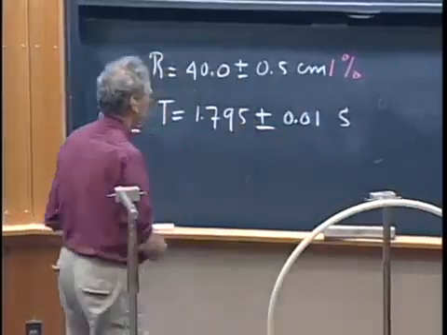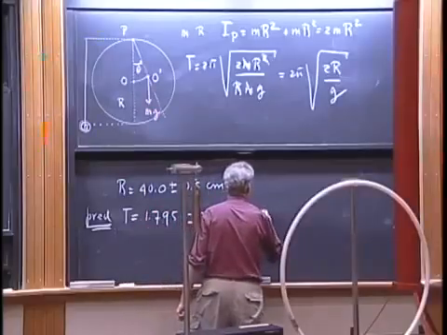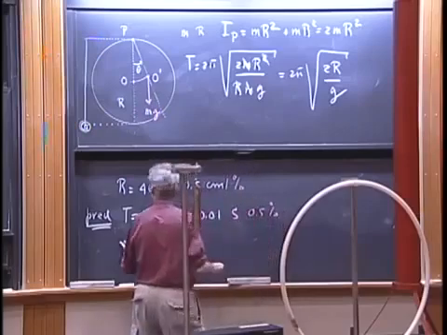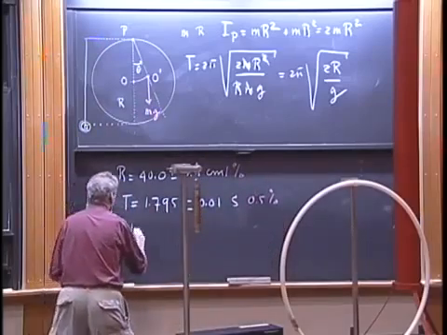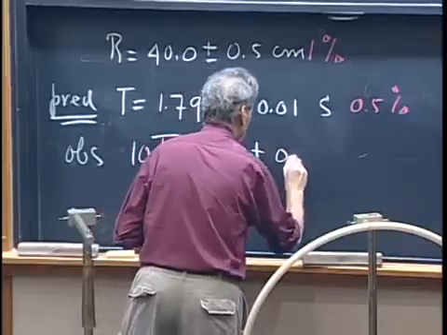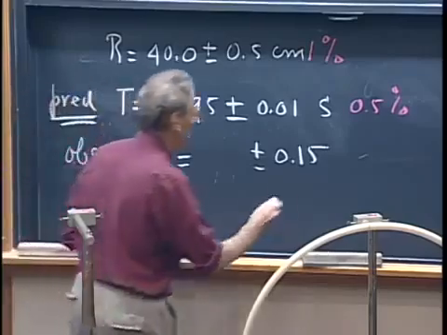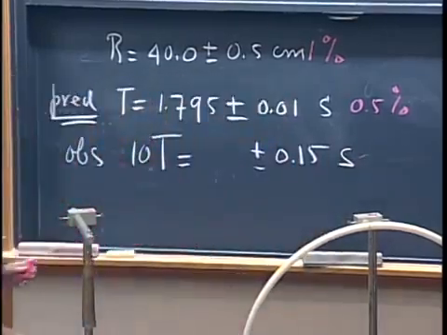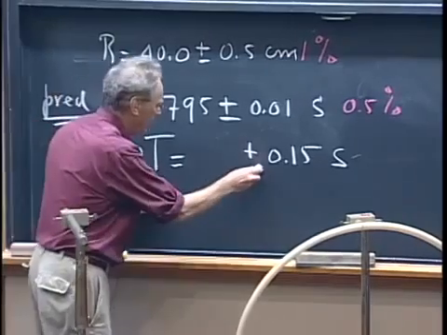So that's because of the square root. So this becomes 0.5% error. And now we do the observation. And you guessed it, of course, we're going to do 10T. And if this is a good day, 0.1, but we'll give myself a little bit extra leeway today, 0.15. I'm fairly sure I should be able to do that.